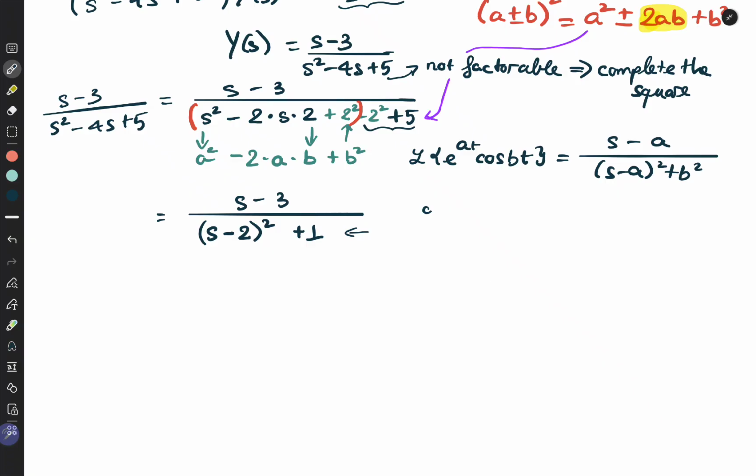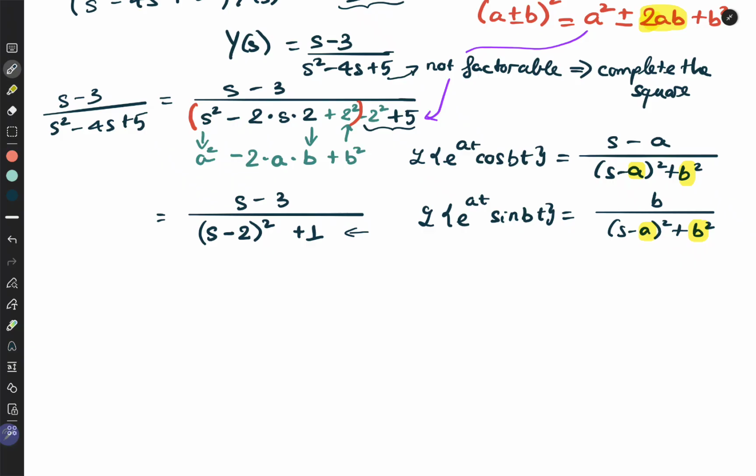And another one. Pay attention to the denominator. You see that they have the same denominator, and the form is s minus some number, squared, that's the perfect square, plus b squared.